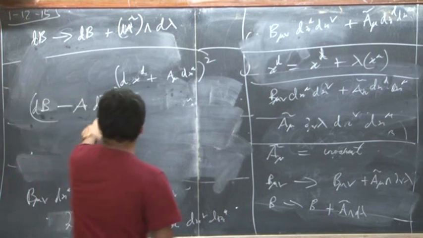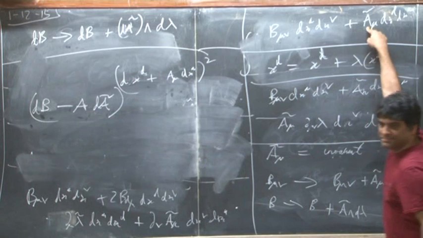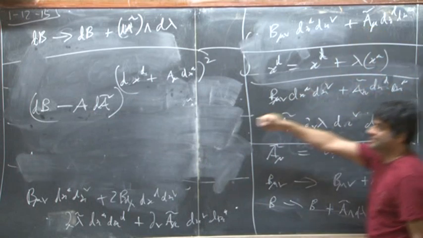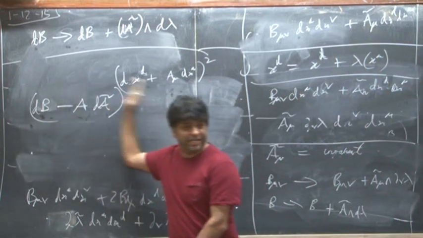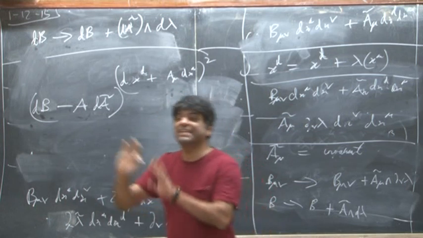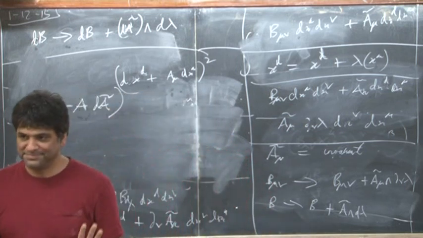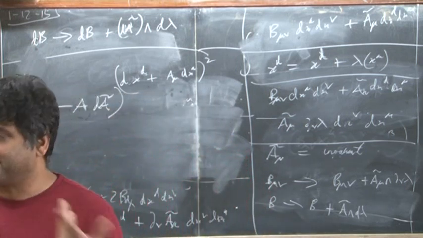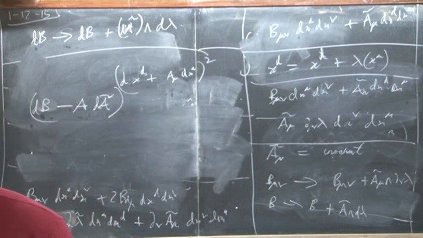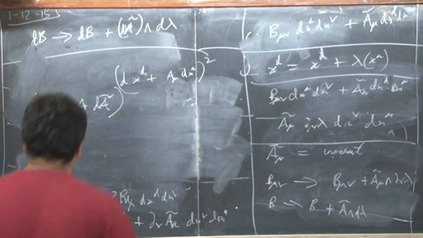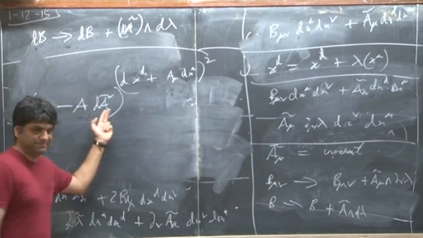A tilde itself was gauge invariant under Kaluza-Klein. So this combination here is gauge invariant. It's gauge invariant automatically under one form gauge transformations, but it's also gauge invariant under Kaluza-Klein gauge transformations.